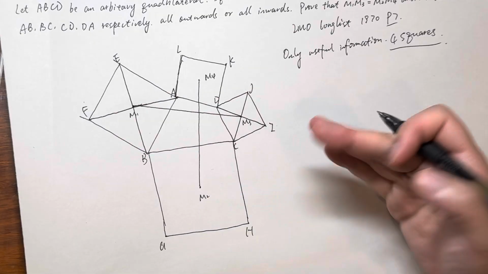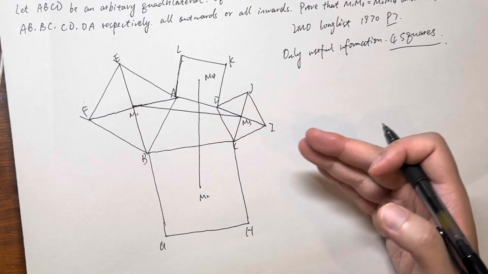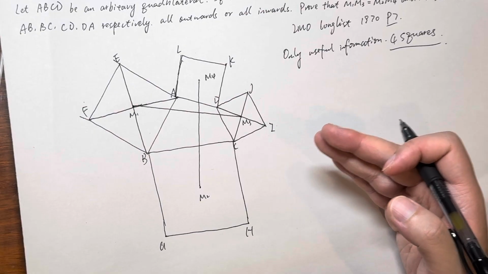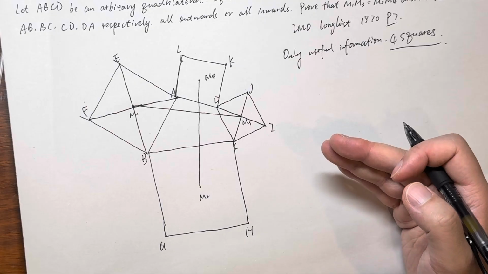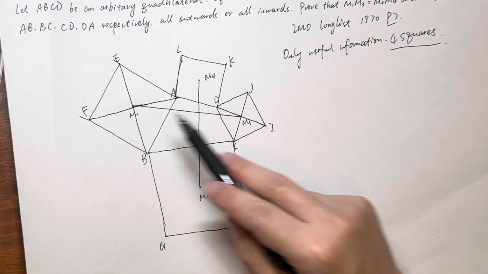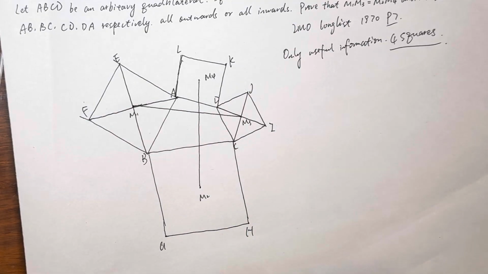So basically, if you look at this figure, you have the feeling that maybe we have to construct two triangles, let them be congruent, and therefore we can prove M1M3 equals M2M4. A good sign here is that M1 is a midpoint, and M3 is a midpoint, which reminds us that if we can find a midpoint to form two triangles, then the problem might be solved, right?